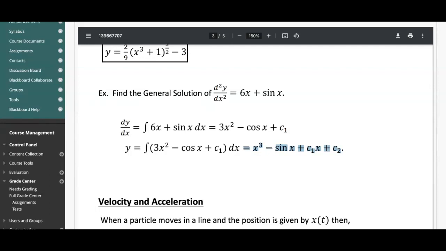One initial condition won't be enough because we have two constants, C1, C2. So at least we need two equations to solve for C1, C2. Or we need 2 points for the function to get to a unique solution.